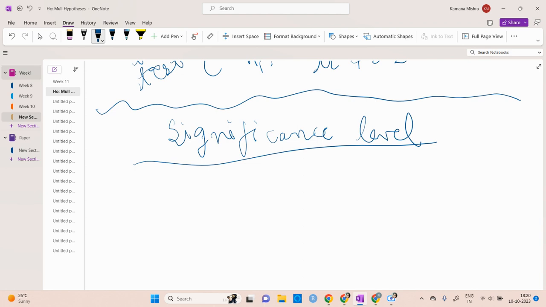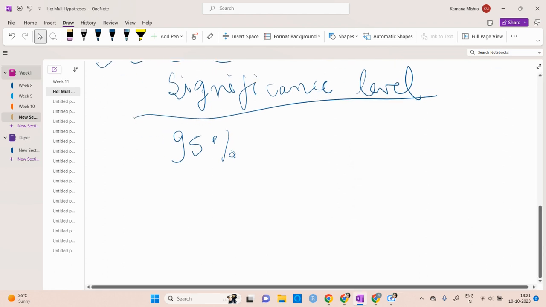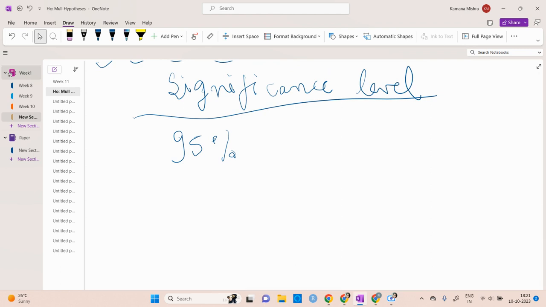Significance level, right? So let's say I say 95% significance level. 95% significance level means if it comes under the 95%, then it is significant, otherwise it is insignificant. Let's say my data is following a normal distribution.